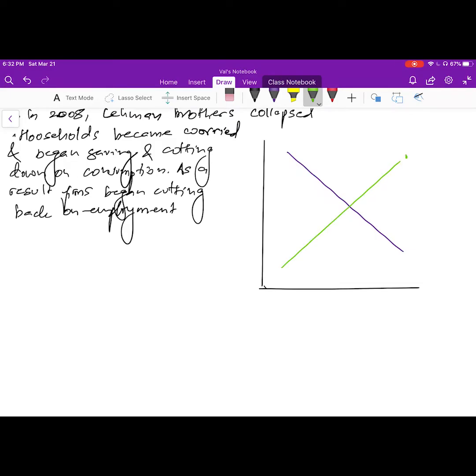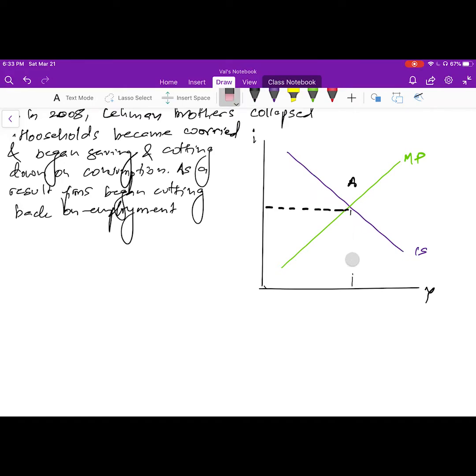So we'll call this MP, and this is IS. At equilibrium, we start out at point A. This is before the financial crisis. And here's the output. This is the interest rate. And we're at this point before the financial crisis hit.